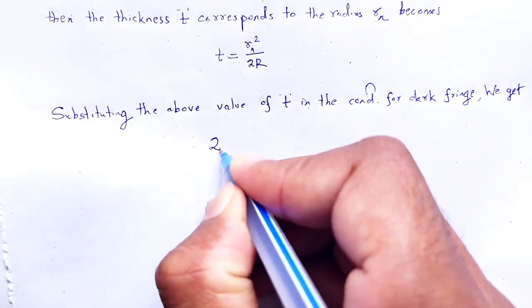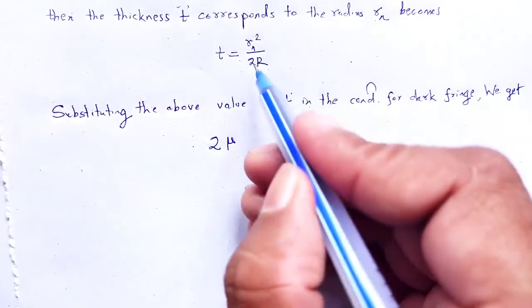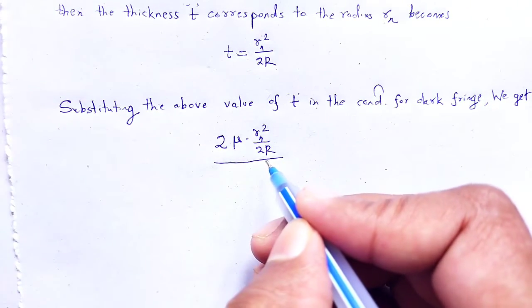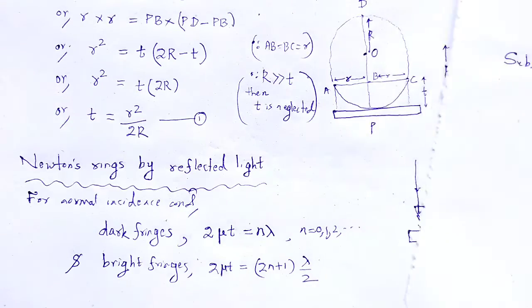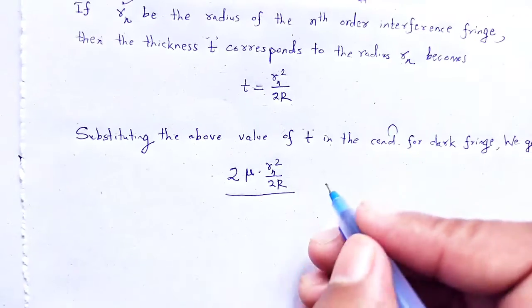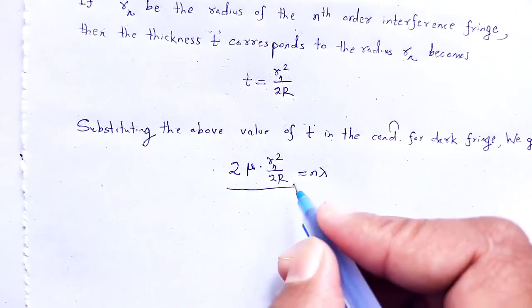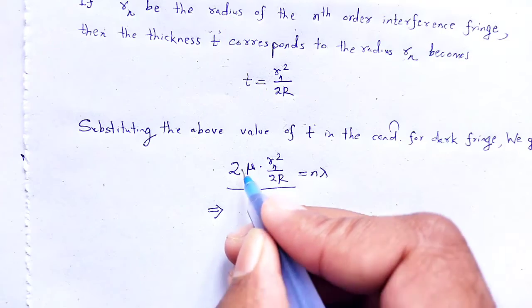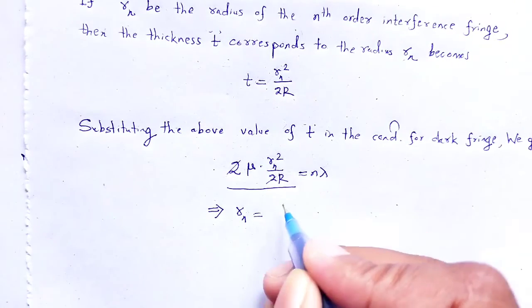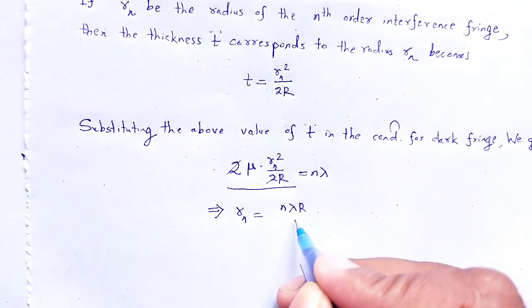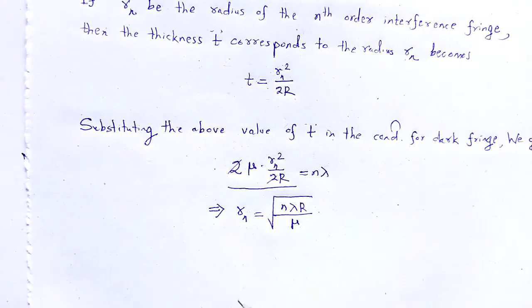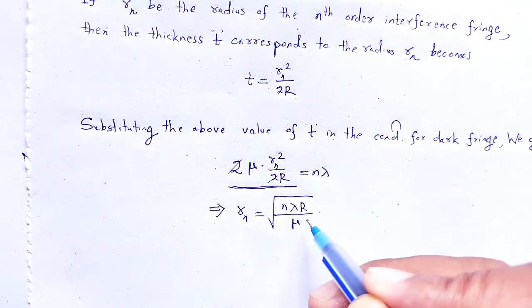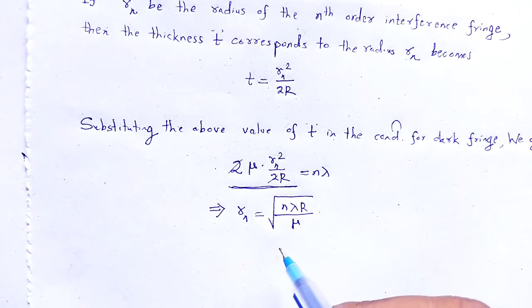In place of T we substitute Rn square divided by 2R, so 2 mu T is equal to n lambda, which implies, the 2 cancels out, Rn square is equal to n lambda R divided by mu, so Rn is equal to the under root of that term.